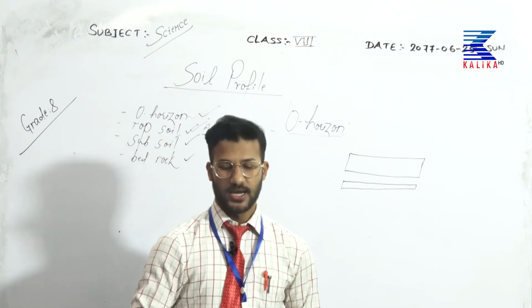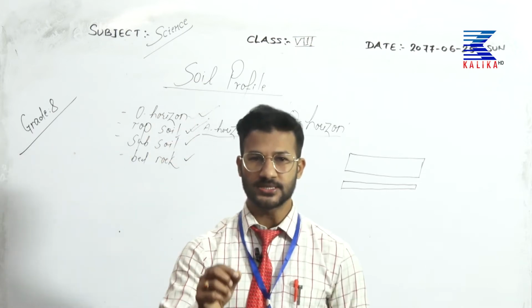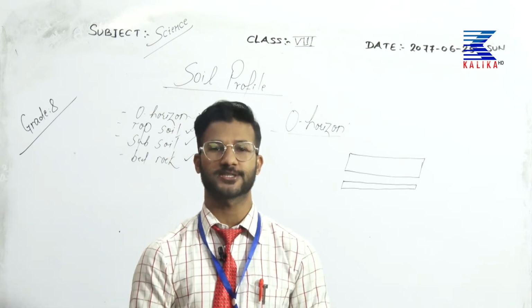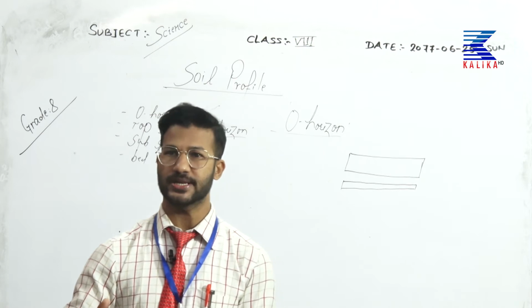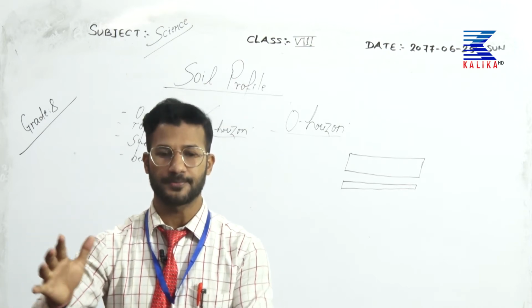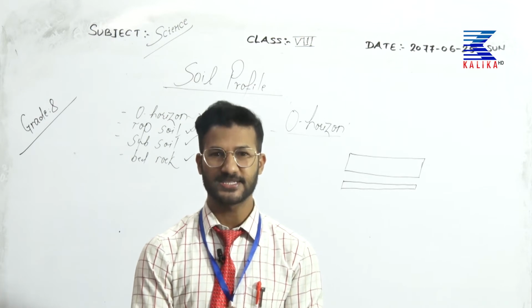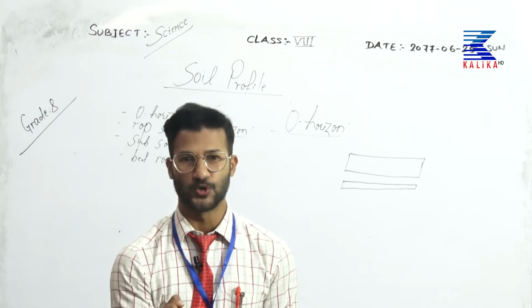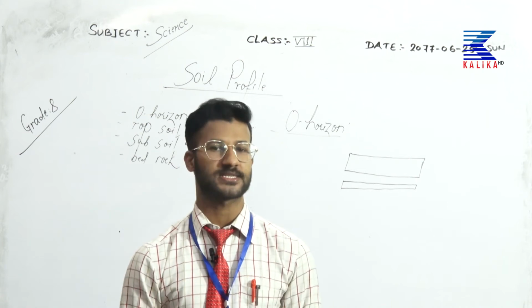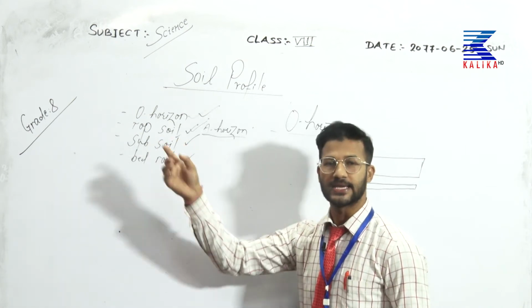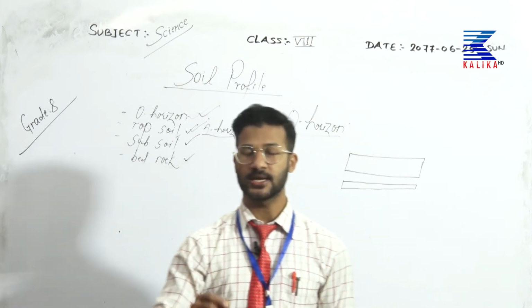Actually, this layer, since it is loose and rich in different kinds of material, contains a large number of different materials mixed together. That is why it can hold water to the maximum capacity. I mean to say it has very high water retaining capacity.